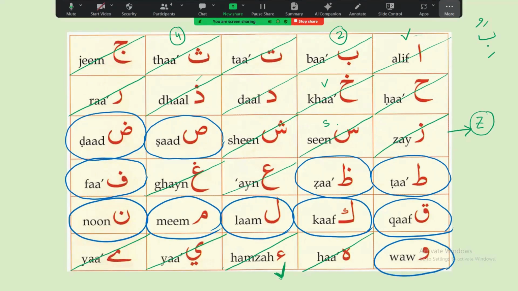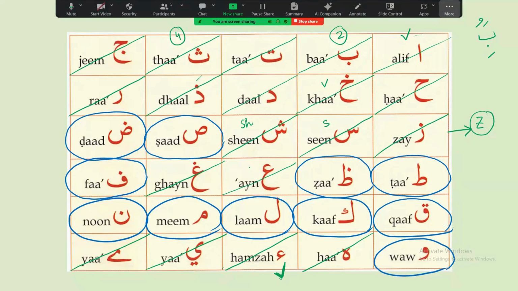It makes the sound like the S of English when we say sa, si, su. The next is sheen, which makes a sh kind of sound. Sha, shi, shu. Okay, so seen, sheen.